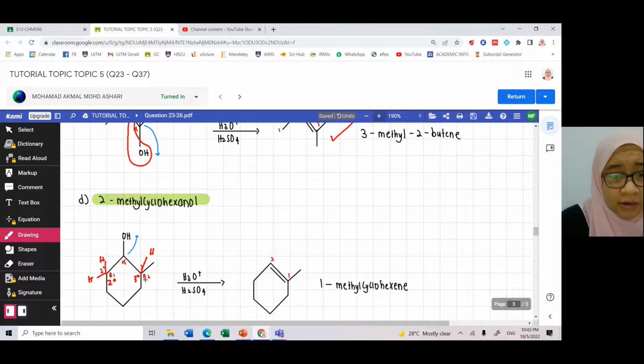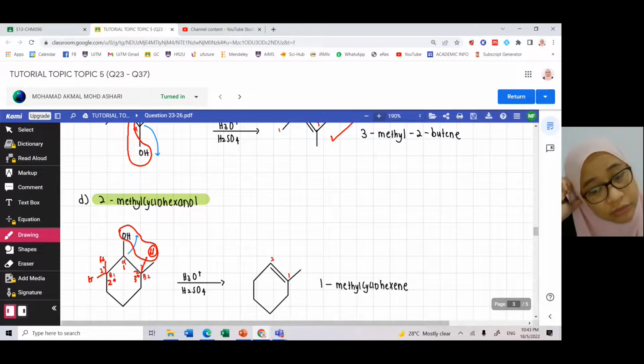For this tertiary carbon, it has only one hydrogen, so it prefers to form a double bond between the first and the second carbon, because it is a tertiary carbon. So the double bond will form here between number 1 and number 2. Correct.